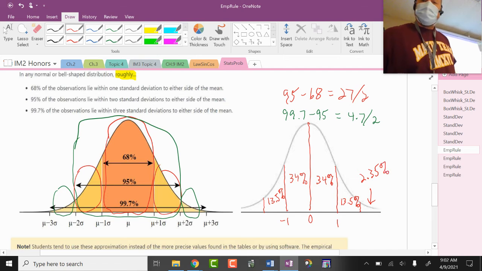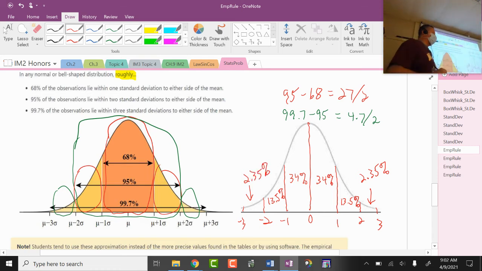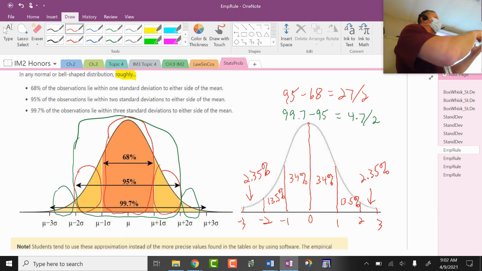And notice I'm writing these as percents. When we go to our next example, sorry, I didn't put 2 and negative 2. And I forgot to put 3 and negative 3. This is 2.35% here as well of the data in that little quadrant right there, if you want to call it a quadrant. But this isn't everything. 99.7% of the data is accounted for.